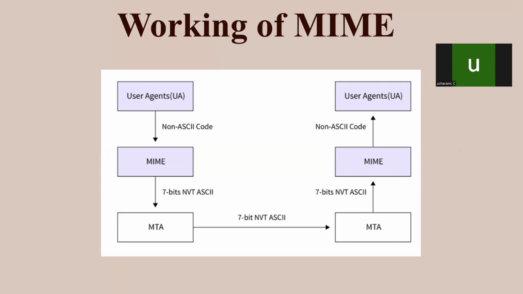The MIME protocol converts it to 7-bit NVT ASCII format. The message is transferred through the email system to the other side in 7-bit format. Now the MIME protocol converts it back into non-ASCII code. And now the user agent on the receiver side reads it, and then the information is finally read by the receiver.